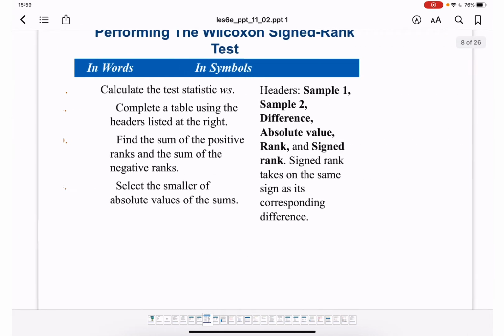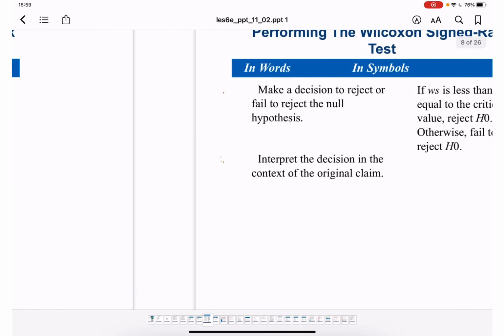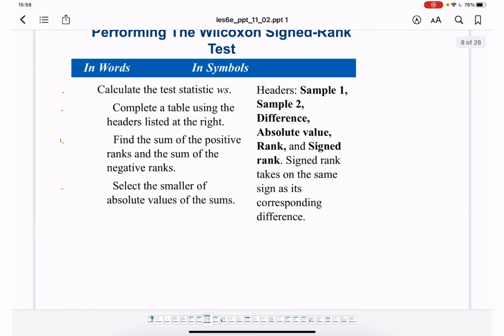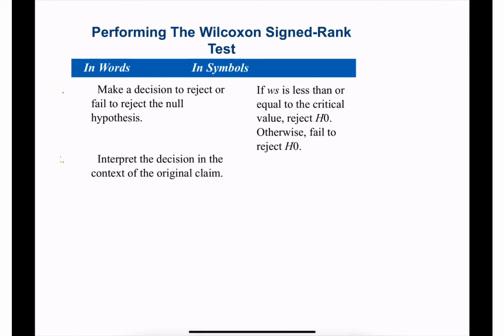The critical value I will also represent. You can stop the video and write down what you need here. But I am moving to practice problems so we can learn how to perform the Wilcoxon signed rank test.